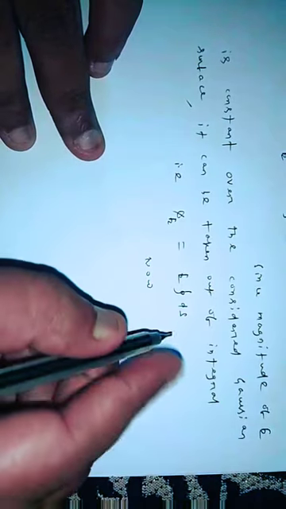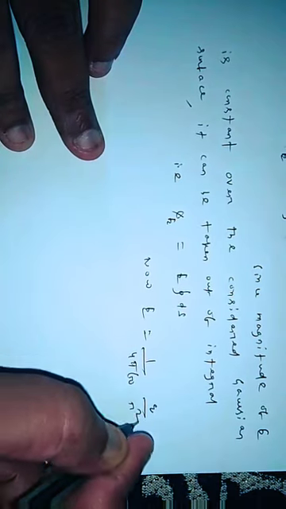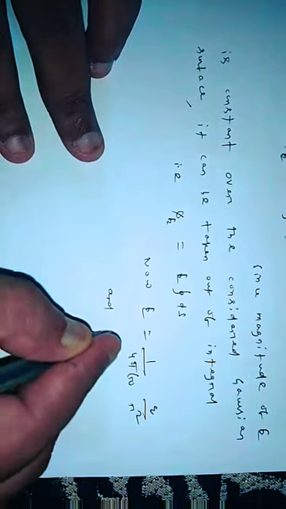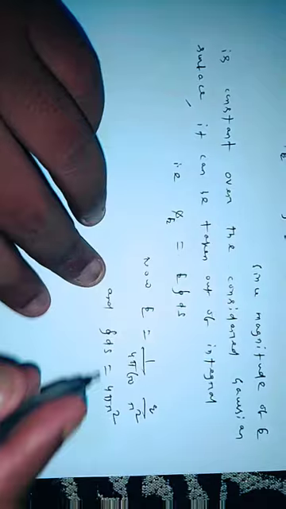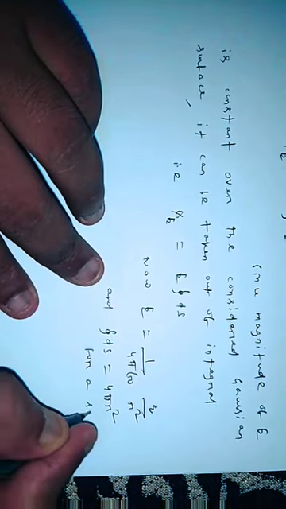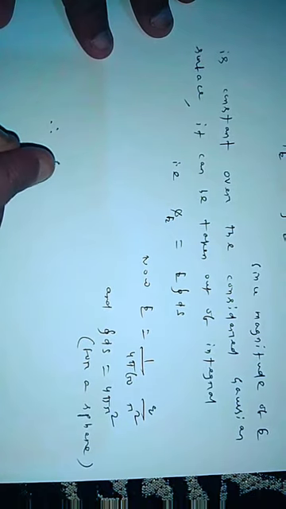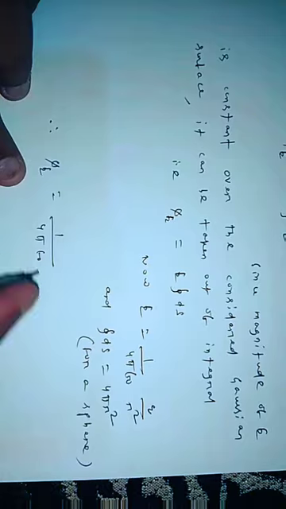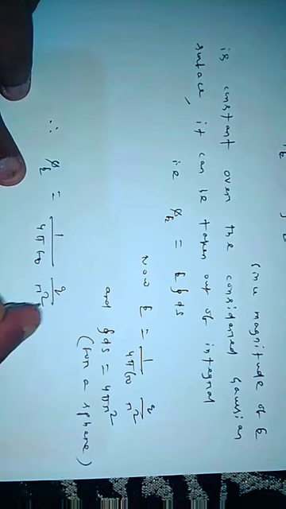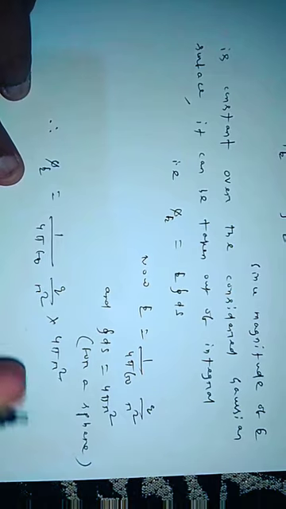We know that E equal to 1 by 4 pi epsilon 0 into q by r square. Now, integration of ds equals 4 pi r square, the surface area of the sphere. Therefore phi E equals 1 by 4 pi epsilon 0 into q by r square into 4 pi r square.